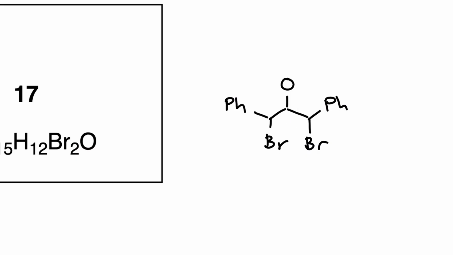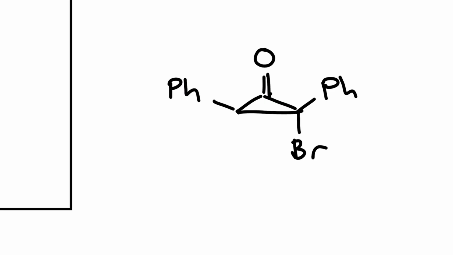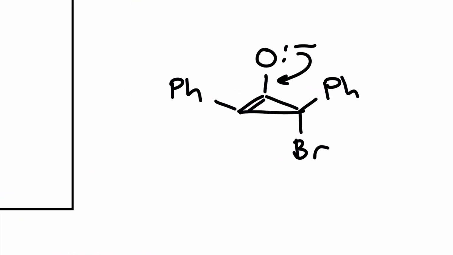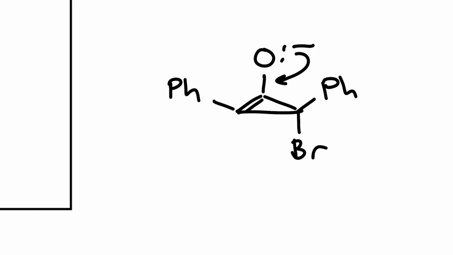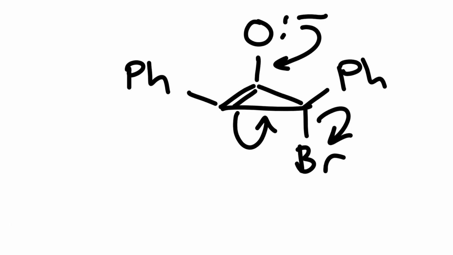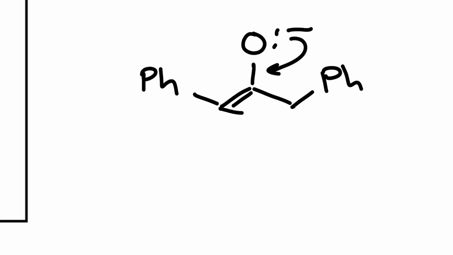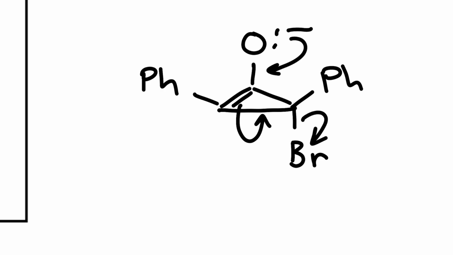So that's the first step, like so, and then the same thing happens to form another enolate, like so, and then this double bond moves here, kicking out the bromine.